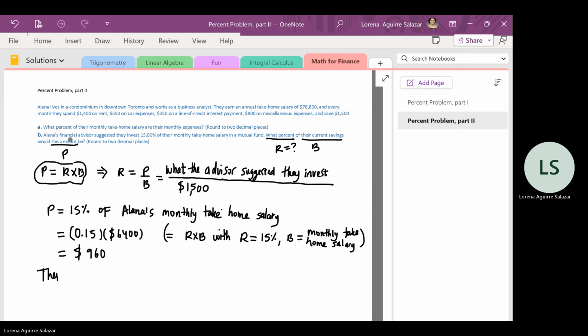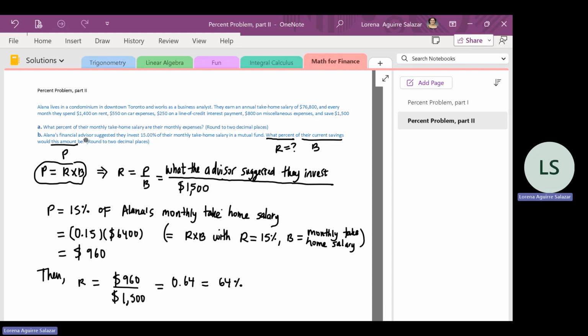So then the original R we were looking for turns out to be $960 divided by $1,500. And when we compute this quantity, we find the number 0.64, and 0.64 corresponds to 64%. 0.64 is the decimal representation of 64%.